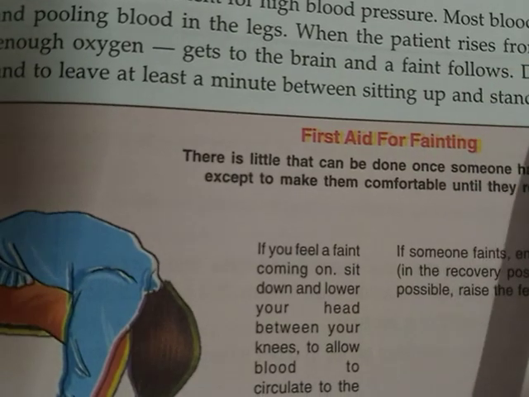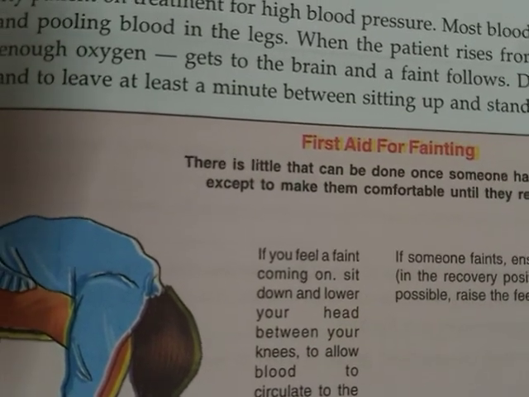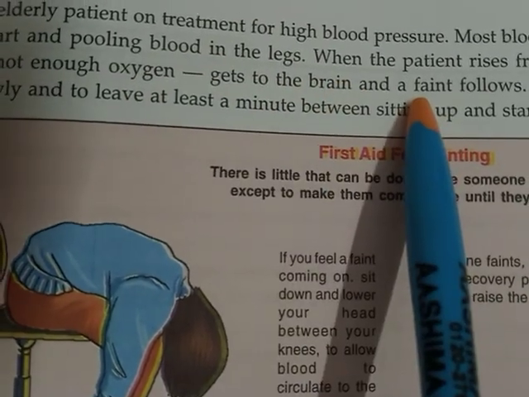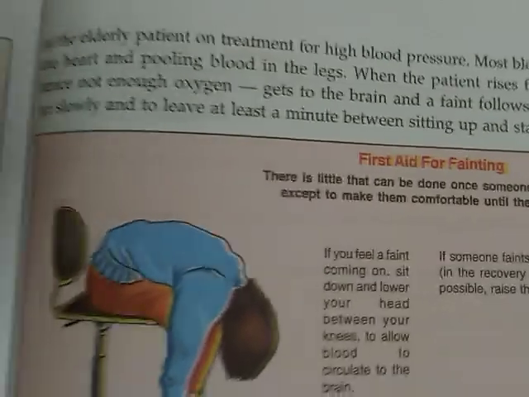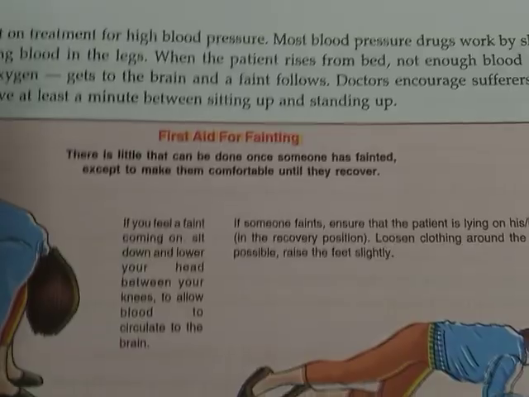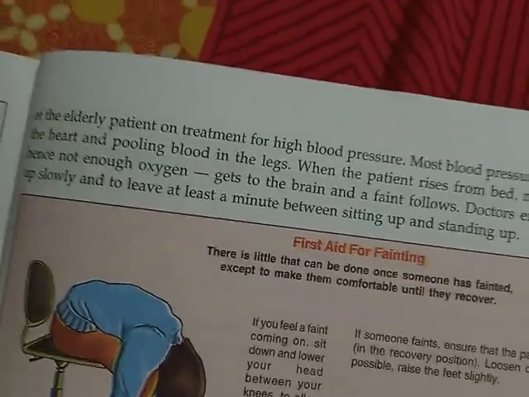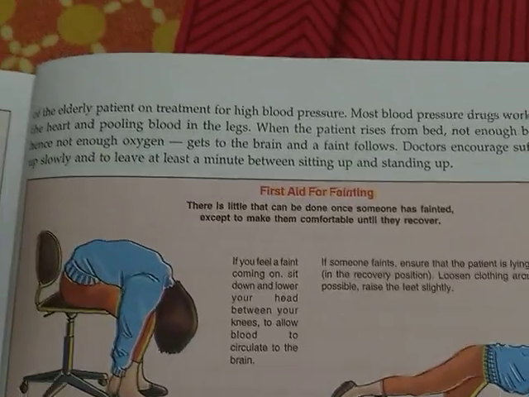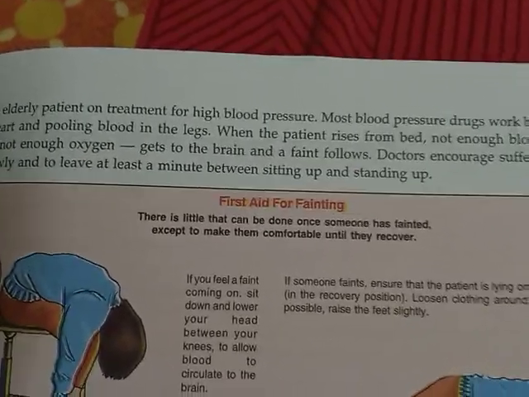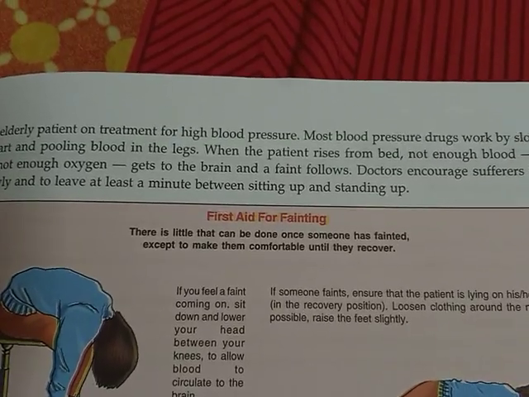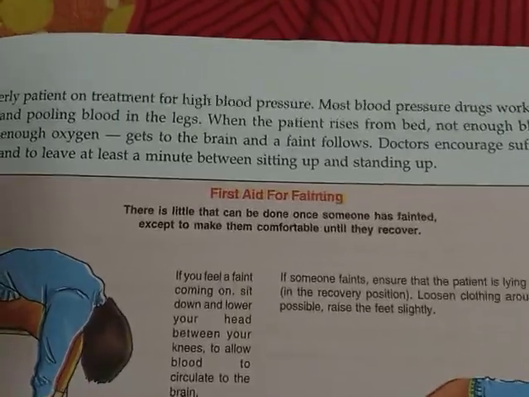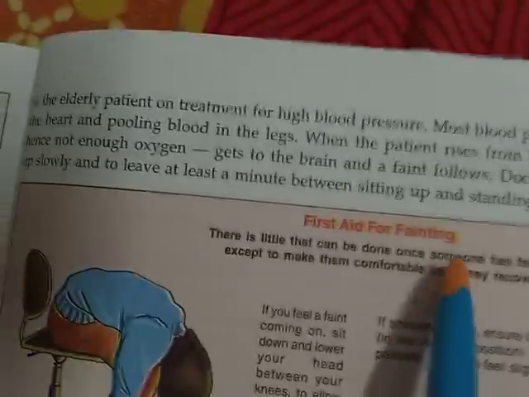When the patient rises from bed, not enough blood and hence not enough oxygen gets to the brain, and a faint follows. The person has high blood pressure, has taken some medicine, the blood pressure has gone down and the blood has pooled into the legs. When the patient tries to rise from the bed, because not enough blood and oxygen reach the brain, the patient may faint.